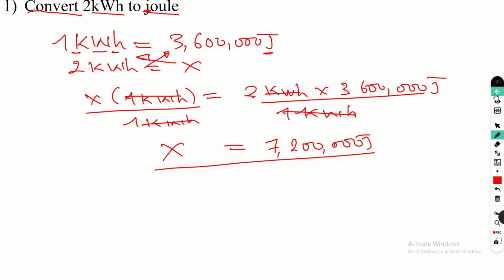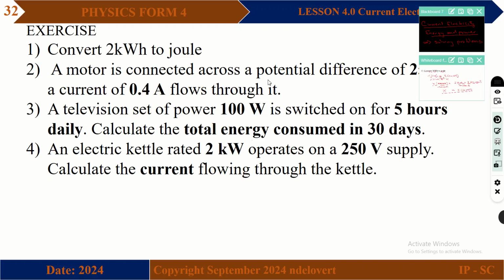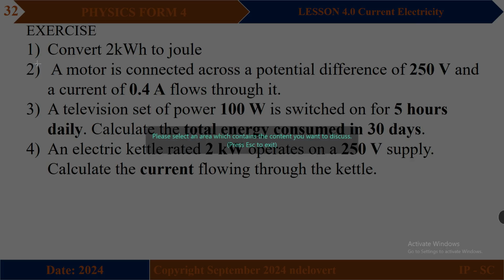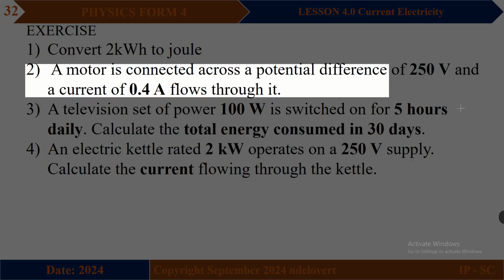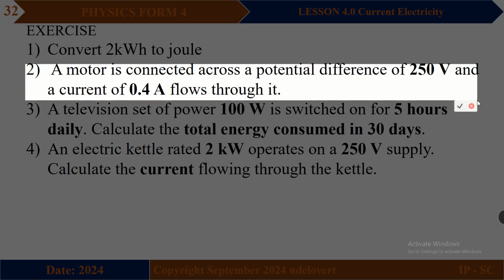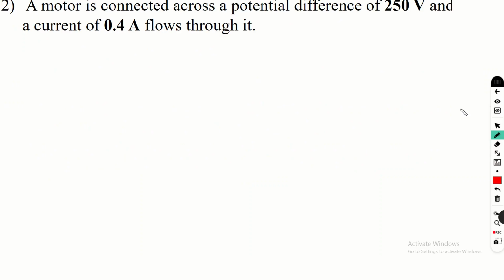Now, let's look at the next question, number 2. Number 2 says a motor is connected across a potential difference of 250 volts and a current of 0.4 ampere flows through it.